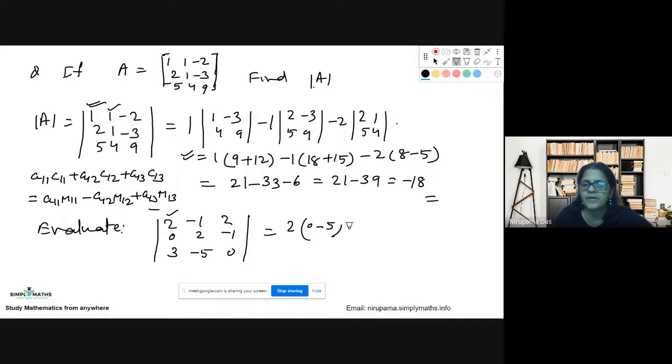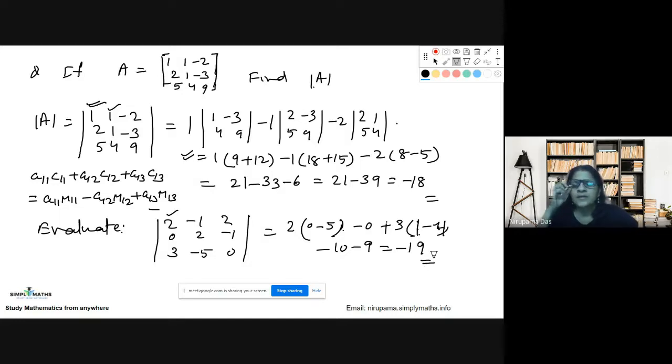Then here it is minus 0, then plus 3 into, now here you don't have to take this row and this column, so 1 minus 4. So this is the way to do it quickly also. This is minus 10. Here it is minus 3 plus 3, minus 9. That is equal to minus 19.